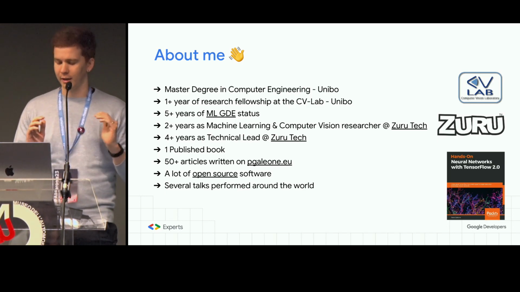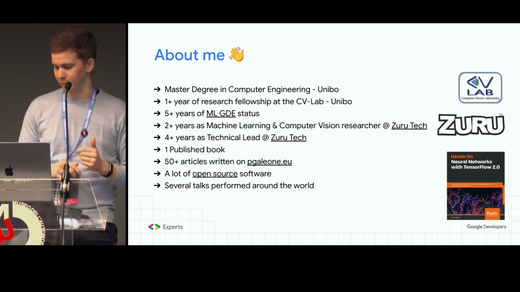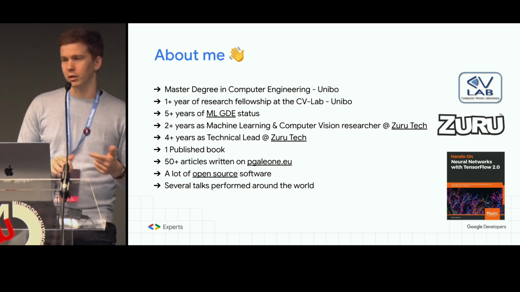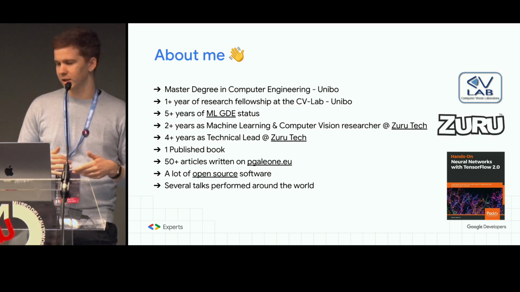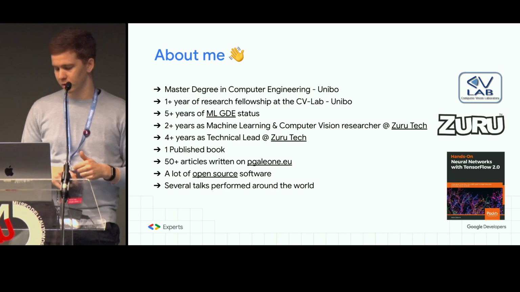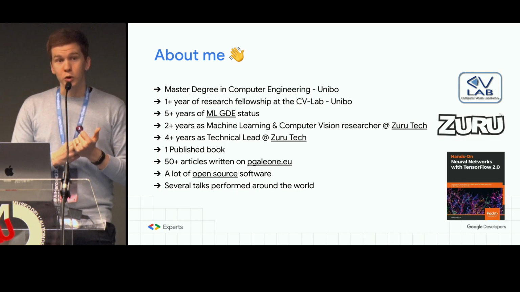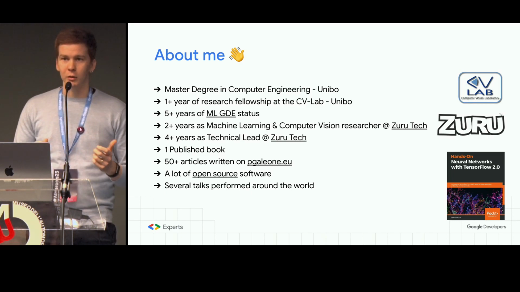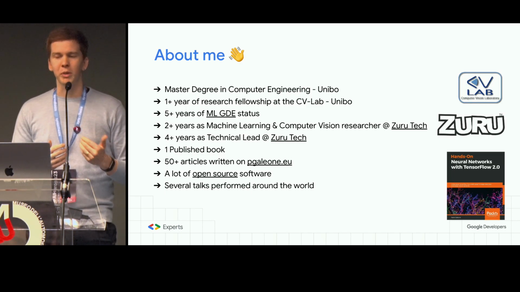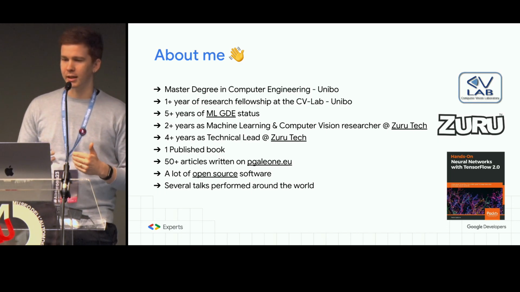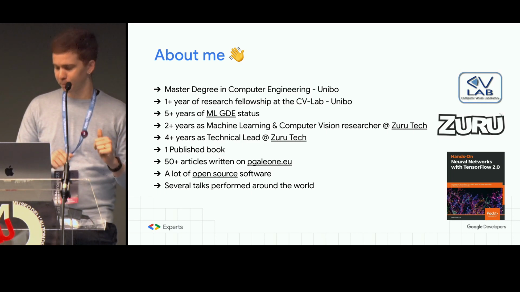I write a ton of software, and I focus my free time on writing open source software, mainly using Go, TensorFlow, machine learning stuff, C++, and other languages. I'm also a fan of Rust. I'm also a GDE, a Google Developer Expert, a status given by Google to people who are experts in their technologies. In my case, it's about TensorFlow.